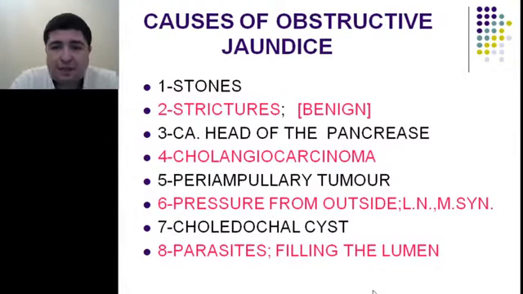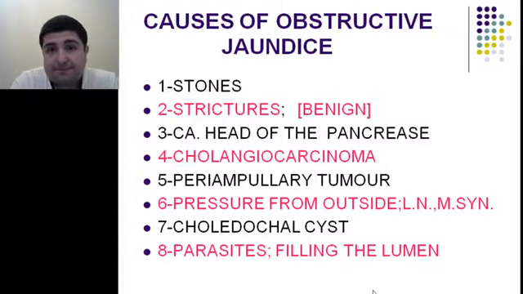Sixth is pressure from outside. Any pressure, lymph nodes, some other process, maybe some benign process, or maybe, for example, hepatitis and an increase in the size of the liver, or something else.